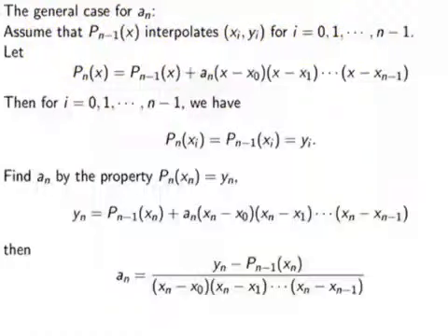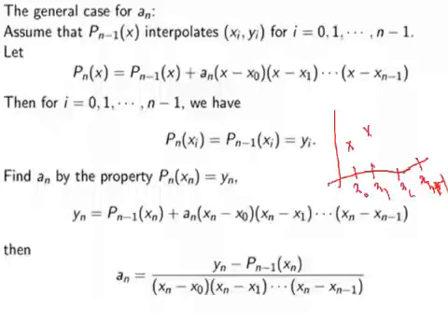Let's draw a small graph. This is your x0, x1 and x2, up to x n minus 1. This polynomial p sub n minus 1 passes through these points, so it interpolates these points, right?